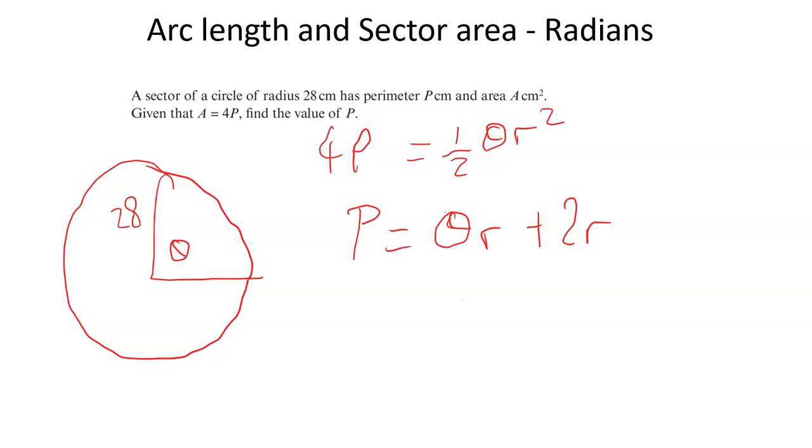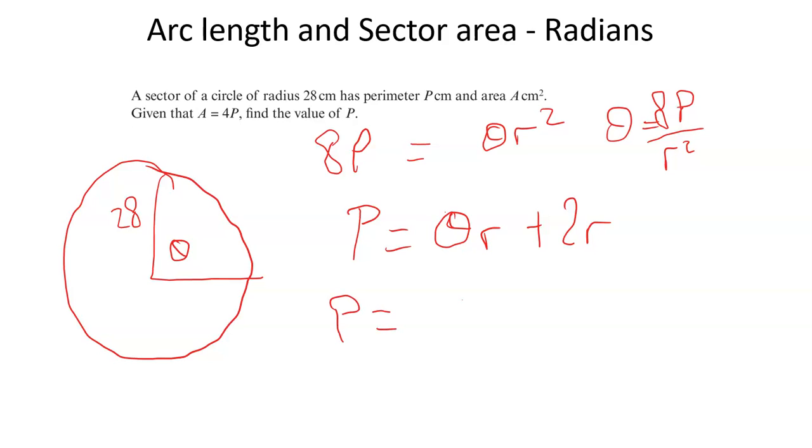We can just eliminate the angle and have a formula for P. So I think probably if we rearrange this one, because there's no adding and taking in it, so if we get rid of the half, times it by 2, we're going to end up with 8p, having times by 2, and then we'll have to divide by r squared, and we'll get theta is 8p over r squared, and we'll substitute that into here.